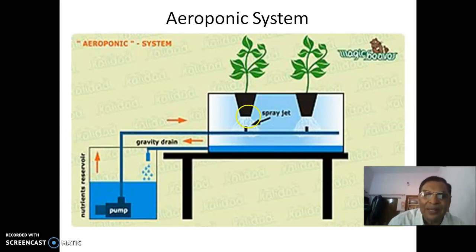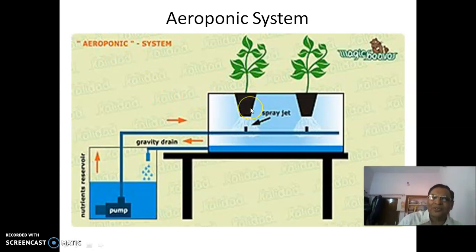The water that drops into the chamber is recirculated and nutrients are added again. Everything is under a controlled environment, which is one advantage. The stem is simply supported with some material, and there is no inert material covering the root system.